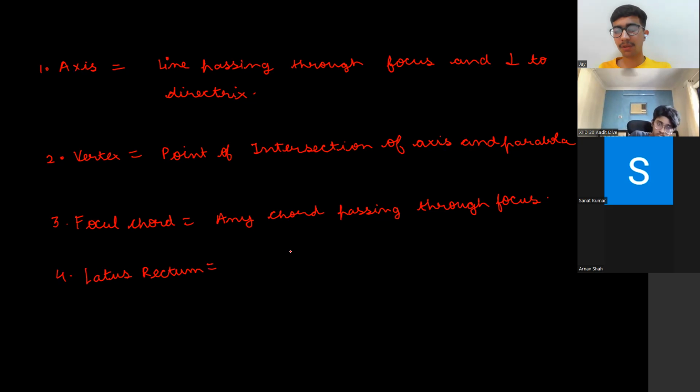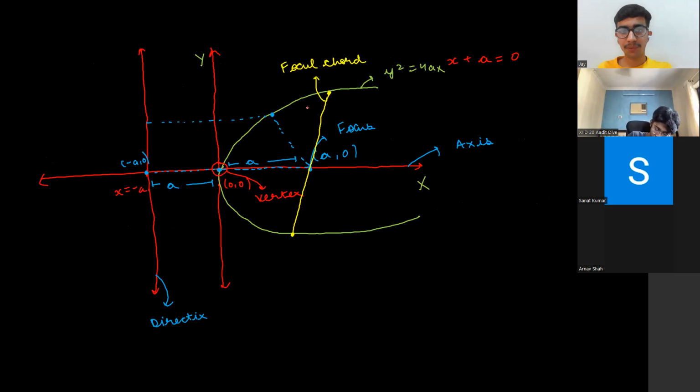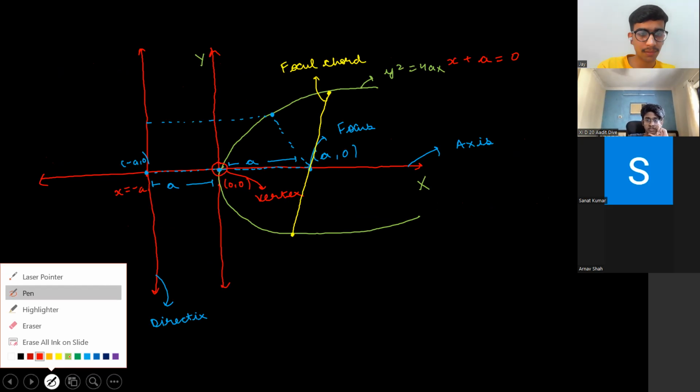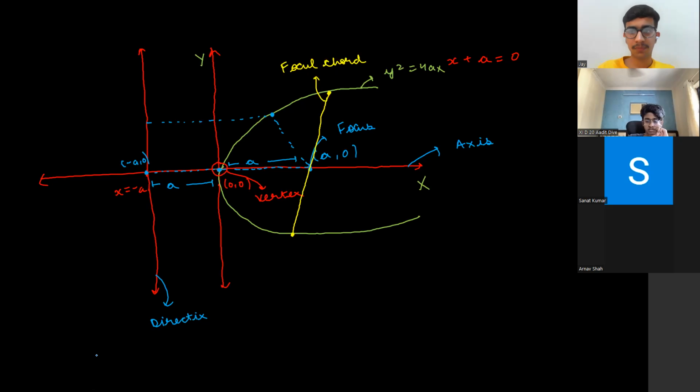actually a special case of focal chord. Now, a focal chord which is perpendicular to the axis is a lattice rectum. A chord which is perpendicular to the axis and passing through the focus is the lattice rectum. So how will that look like? This chord is perpendicular to the axis and passing through the focus.